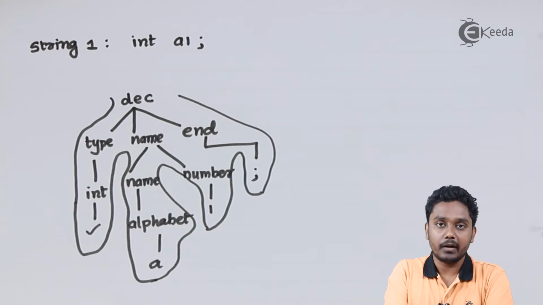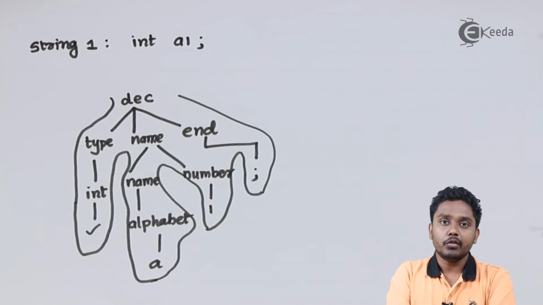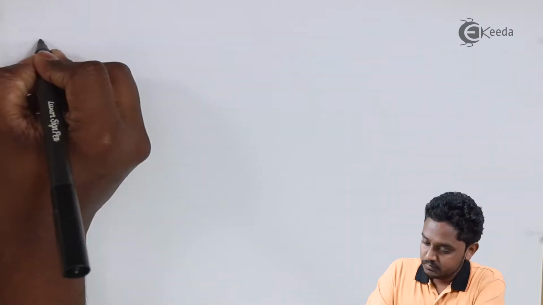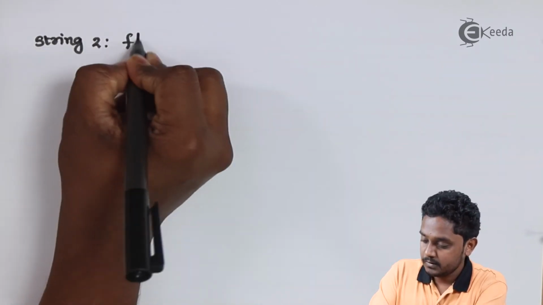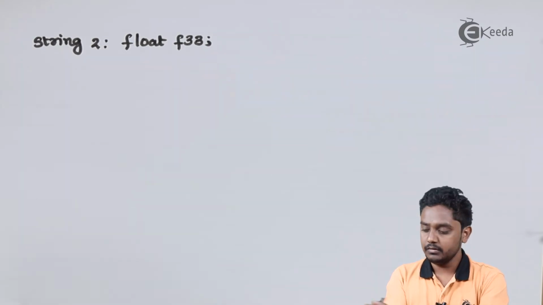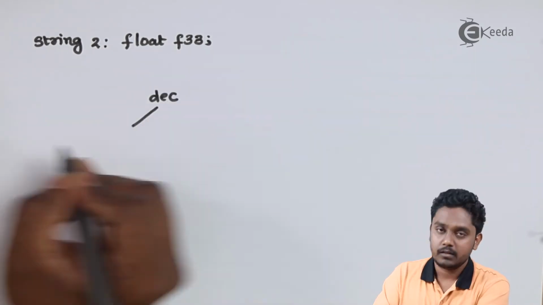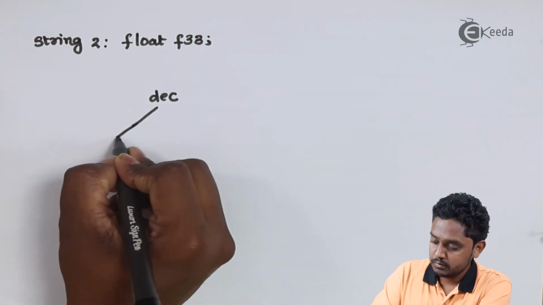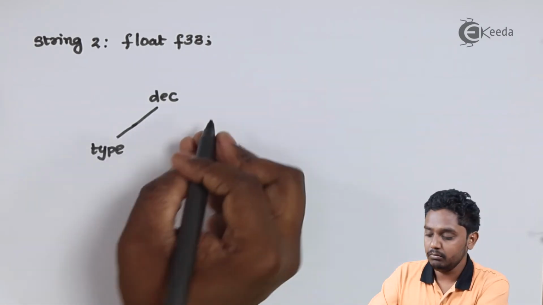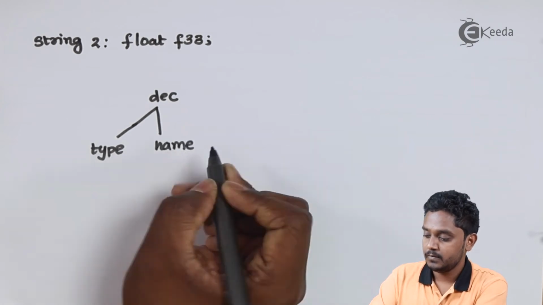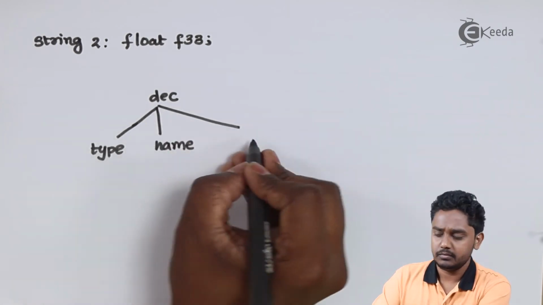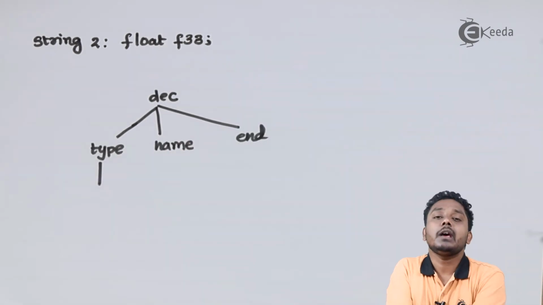Let us try to draw the parse tree for the second string, which is float f33 semicolon. Again, the tree would be similar. The root of the tree would be DEC, that is declaration. It will have a type, a name, and an end symbol. The type would be different.